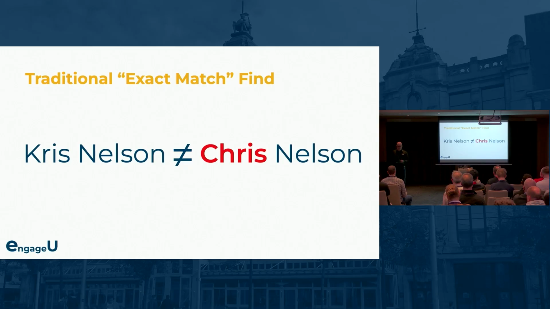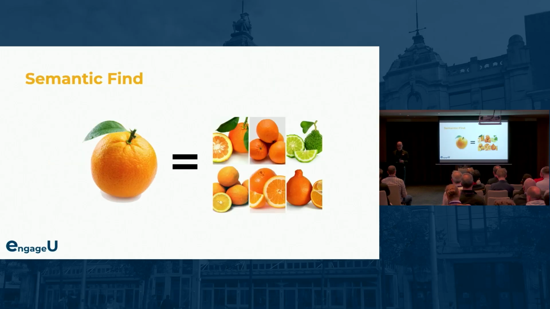So the other type of search that we now have in FileMaker is semantic find, right? So this interprets the meaning of your data and returns the most relevant matching records. So it's what Google does when you search for an article, right? You enter a search query for oranges and tangerines, and you get articles that are related to citrus fruit.